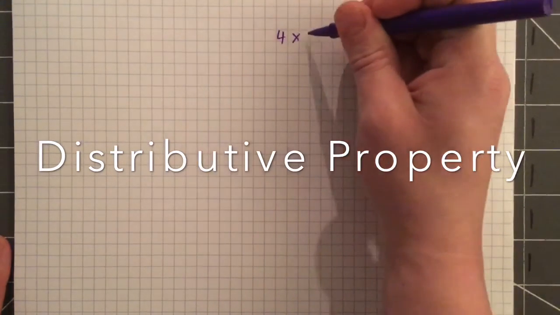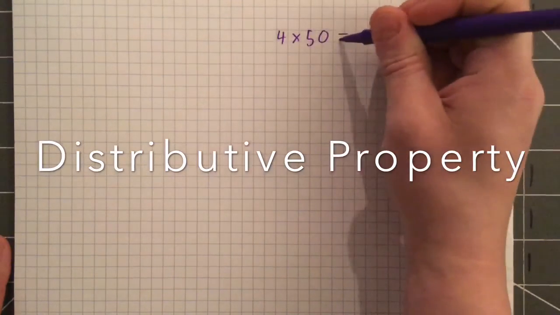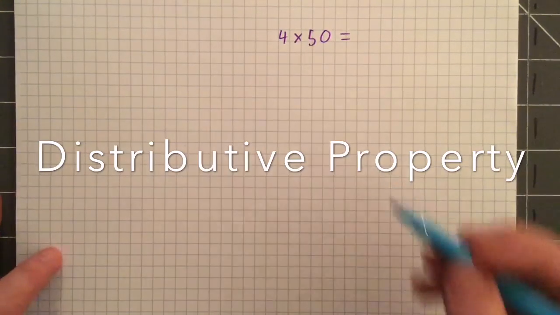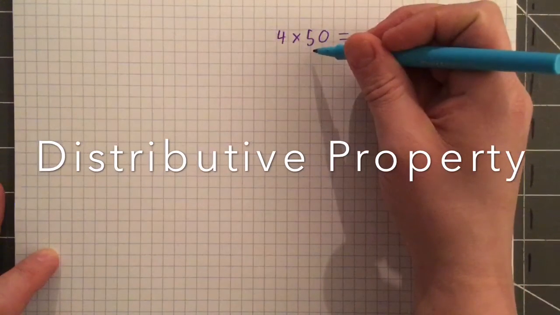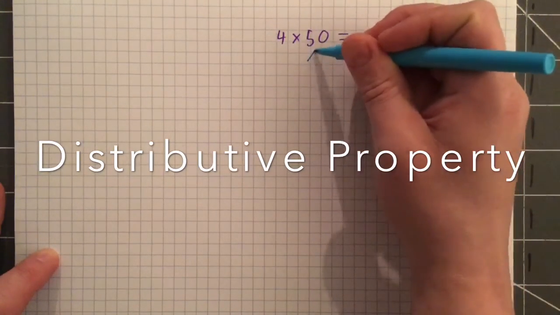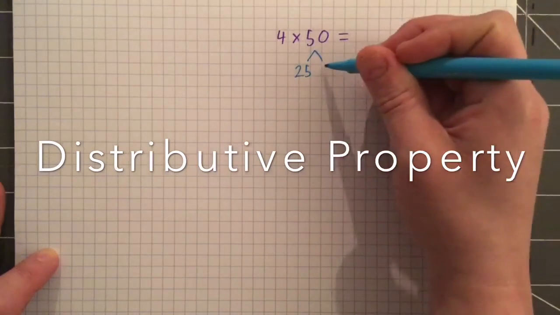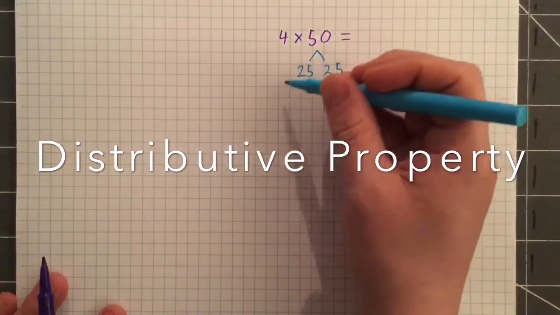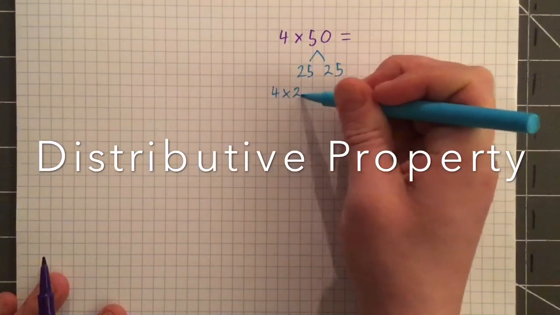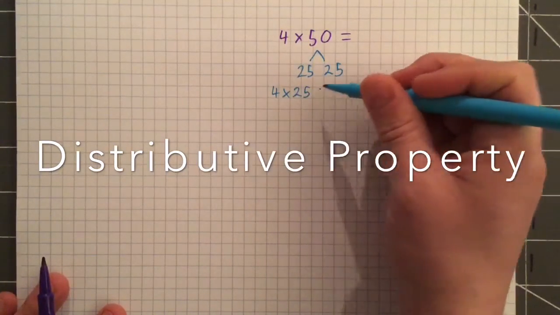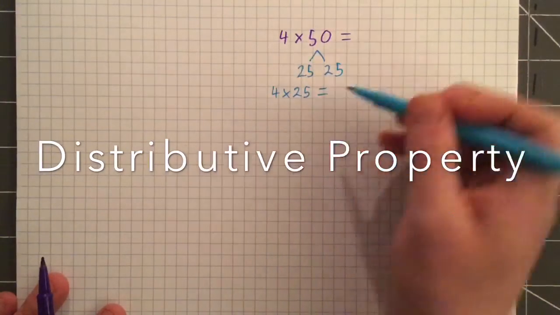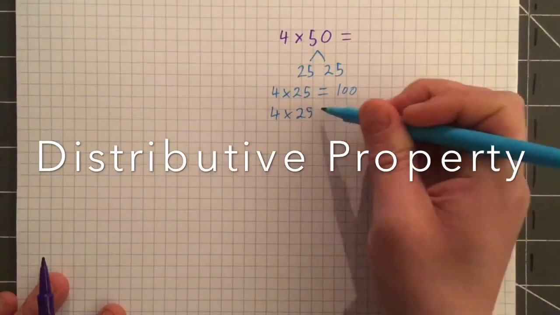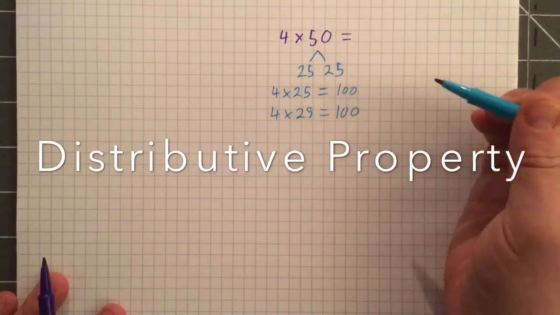So we're going to start off with the equation 4 times 50. Now, using the distributive property, we would take 50 apart. I could take it into a 25 and a 25. Then my equations would be 4 times 25 equals 100, and another 4 times 25 equals 100.